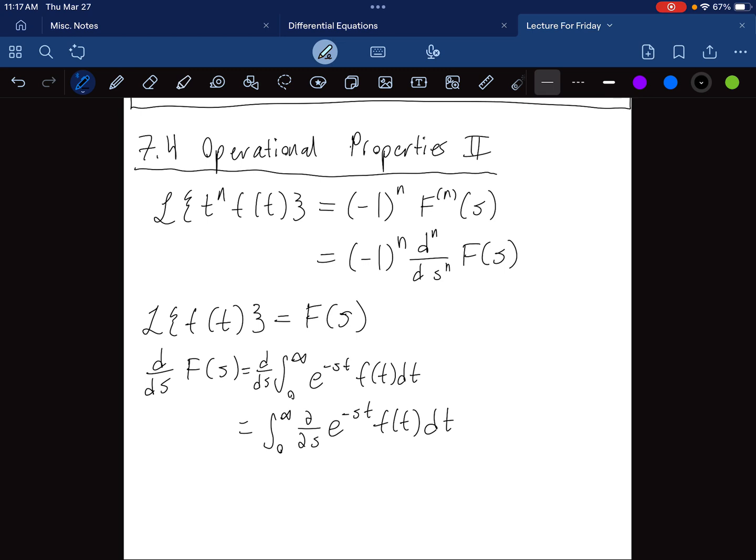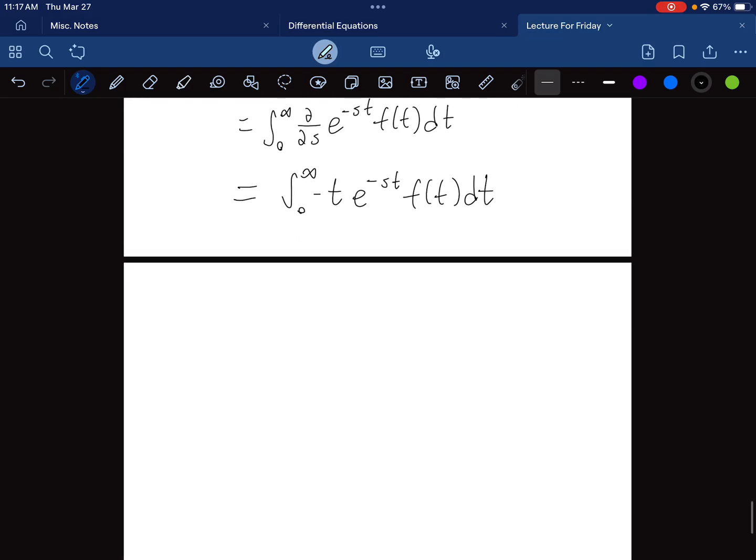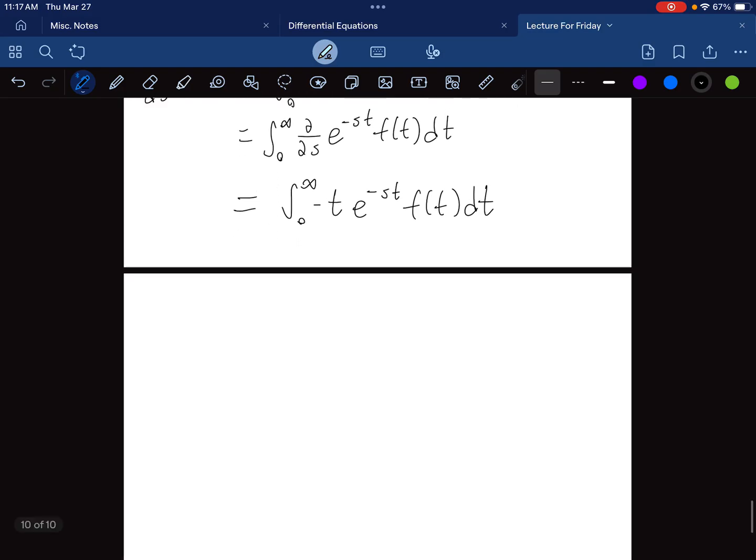And so since the only thing that depends on s is this e to the negative st, we just have to take the derivative of that. So that's just going to be the integral from 0 to infinity of negative t, e to the negative st, f of t, dt. And right, this negative number, we can bring it out.